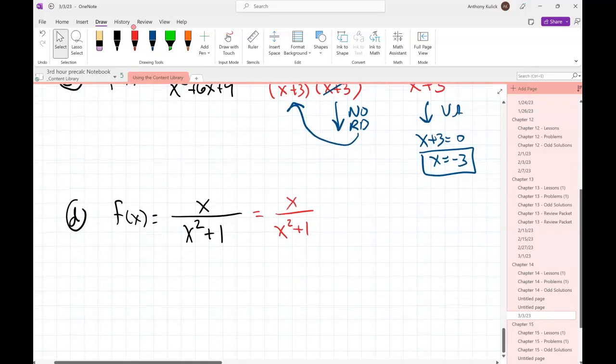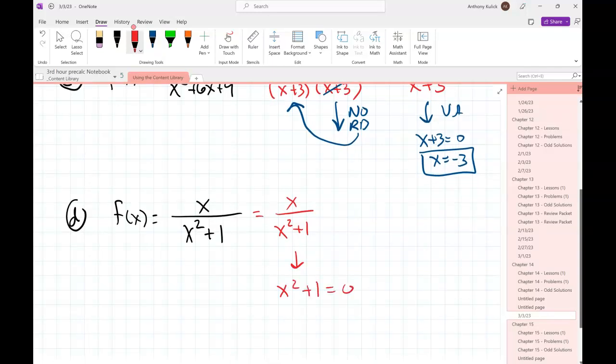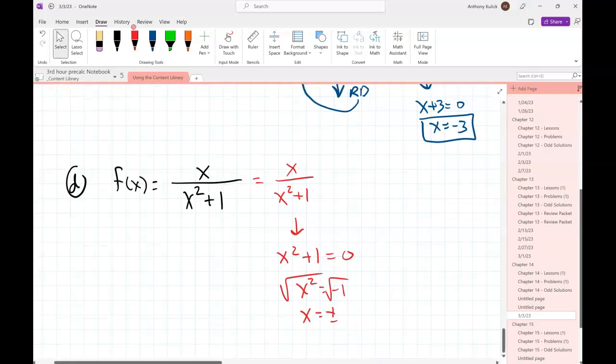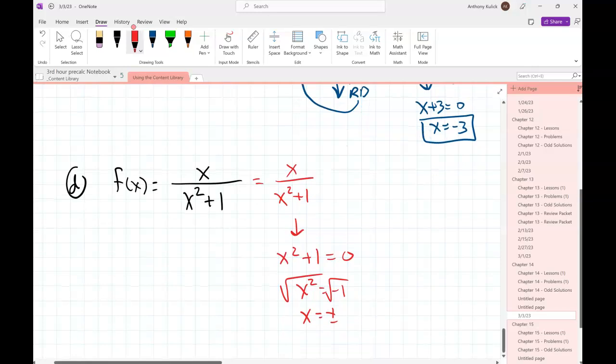It's already reduced. So if I set the denominator equal to 0 and solve, that should give me my vertical asymptotes, correct? So we'll subtract 1 from both sides, square root both sides. What's the square root of negative 1? Plus or minus i.